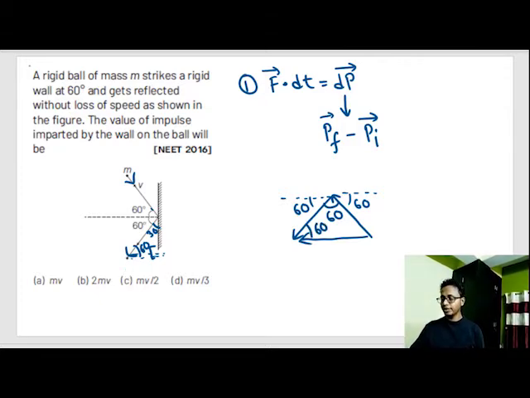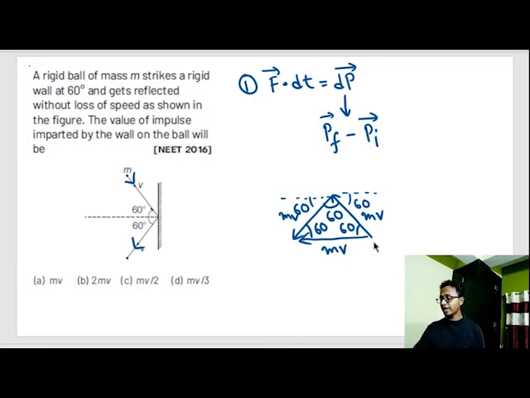So consequently, by natural logic, this will also be 60 degrees. Now whenever three angles in a triangle are 60 degrees, their sides are also equal. That means if this side has a magnitude of mv, then all sides will have a magnitude of mv.